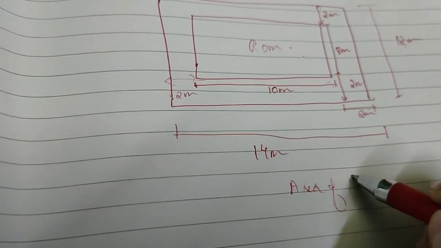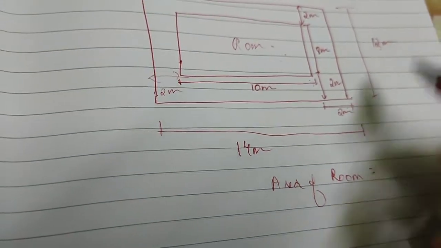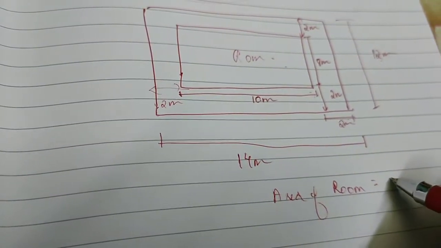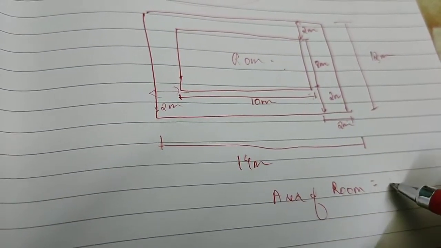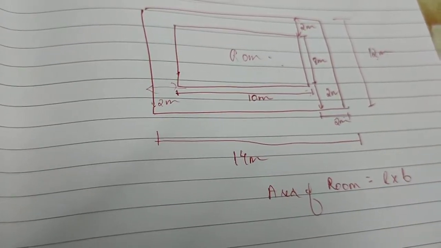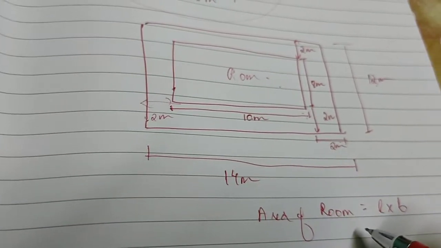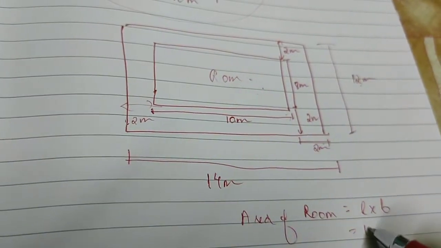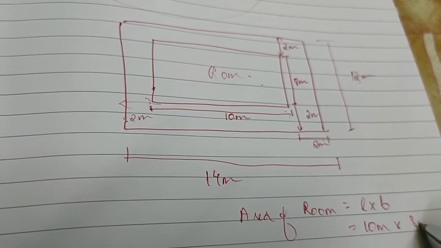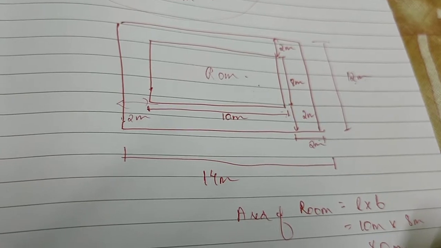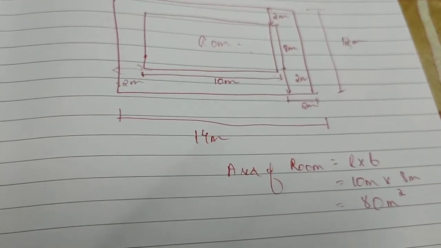Area of room will be length into breadth. Since this is a rectangle, the length of the room is 10 meter and breadth is 8 meter. So 80 meter square is the area of the room.